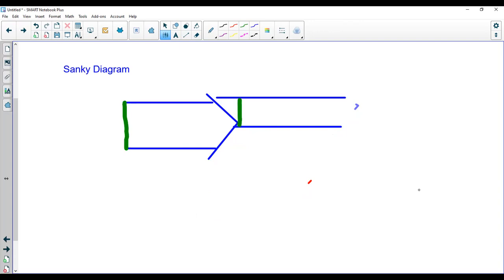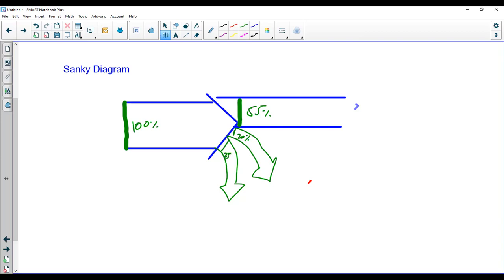So 55% goes useful, and that 20% goes to one waste form of energy, and the remaining 25% goes to the other waste form of energy, right? So they do it in proportion to the lengths. Got it? If that is 100%, that will be more than half, that's 55%, that's somewhat 20%, and that's somewhat 25%.